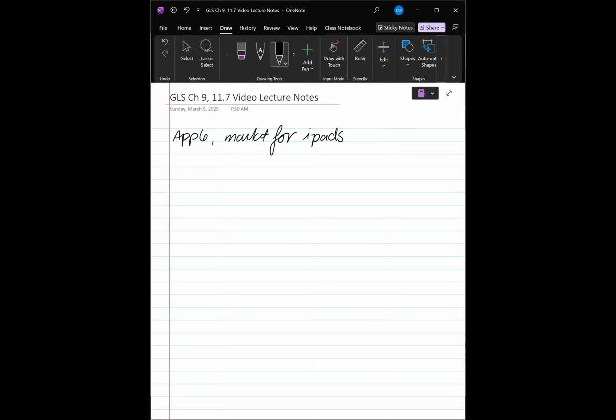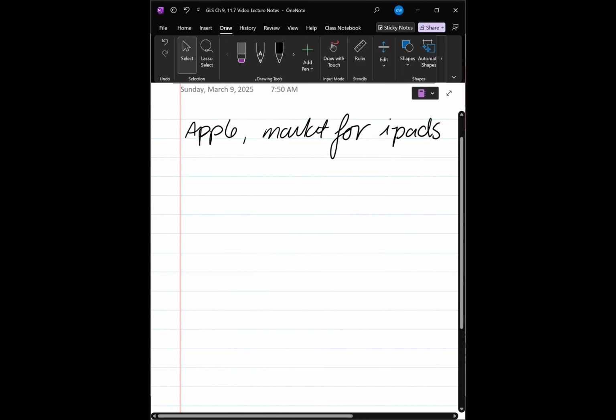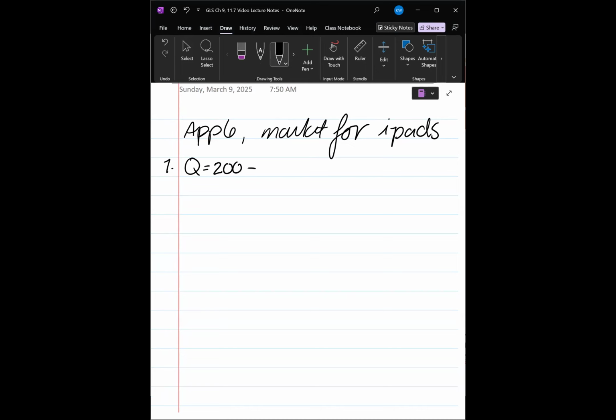And Apple's demand initially for problem 1 here is given as quantity demanded equal to 200 minus 0.2 times the price. Okay. And their marginal cost is given as 200.